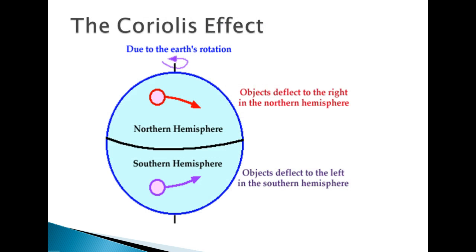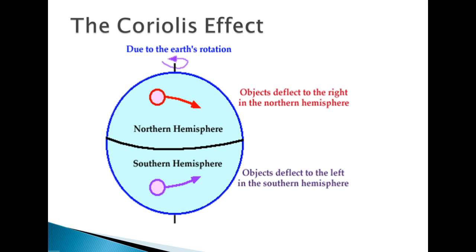Okay, now just a brief mention of something you studied when you were in junior high called the Coriolis Effect. The reason we're going to mention it is because it has a tremendous amount to do with the way the wind is circulated and the way the atmosphere is circulated on our planet.